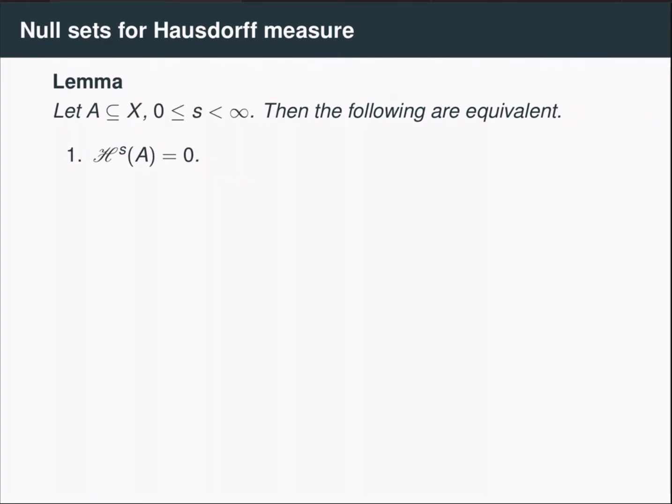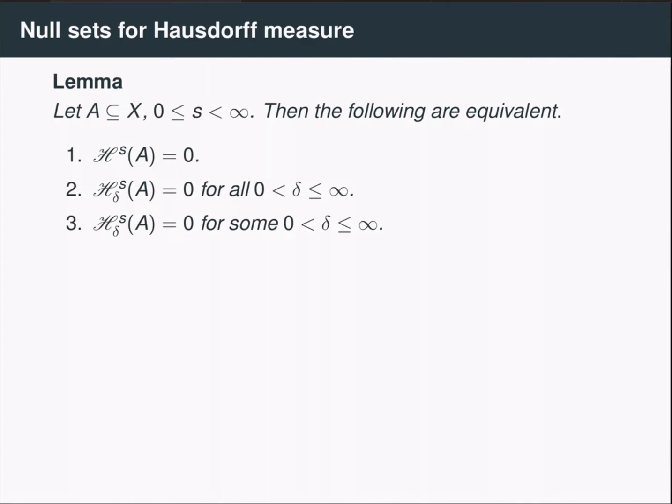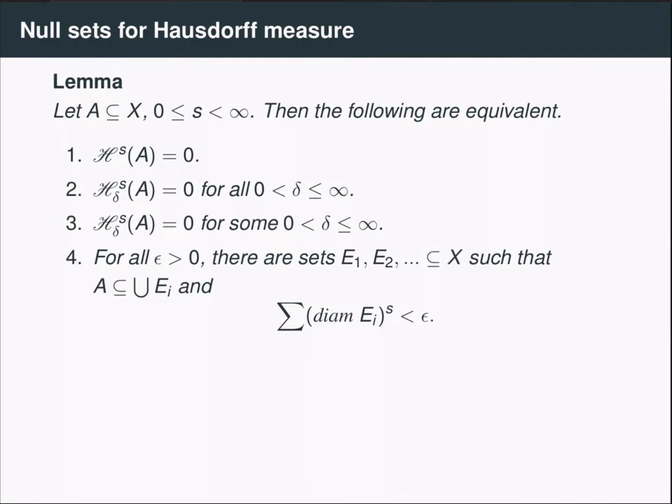So for a subset A of a metric space and some number s between 0 and infinity, we have that the s-dimensional Hausdorff measure is equal to 0 if and only if the H^s_delta measure of A is equal to 0 for any delta, if and only if the H^s_delta measure is 0 for some delta, and this is true if and only if for any epsilon we may find sets covering our set for which the sum of the diameters of these sets is less than epsilon.